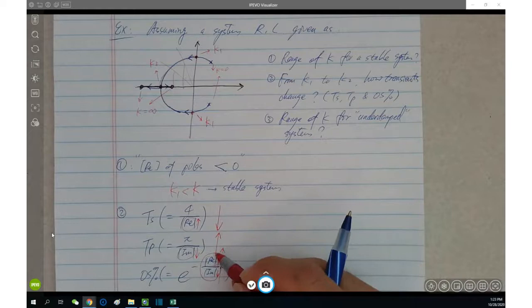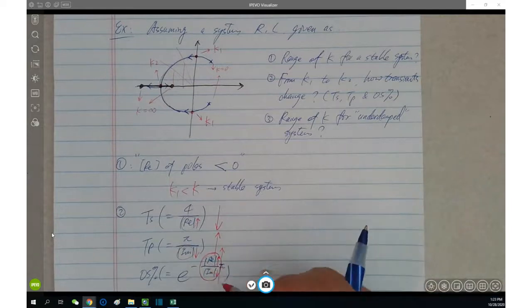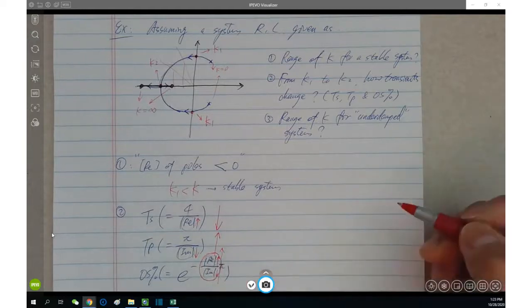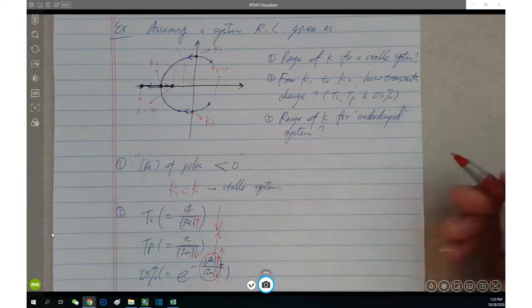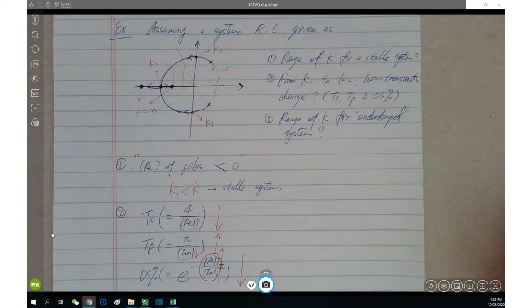Does it make sense? The overshoot is e to the negative ratio times pi. Pi we don't need to worry about. This ratio is increasing. Therefore, the entire overshoot is decreasing, right? Does it make sense?